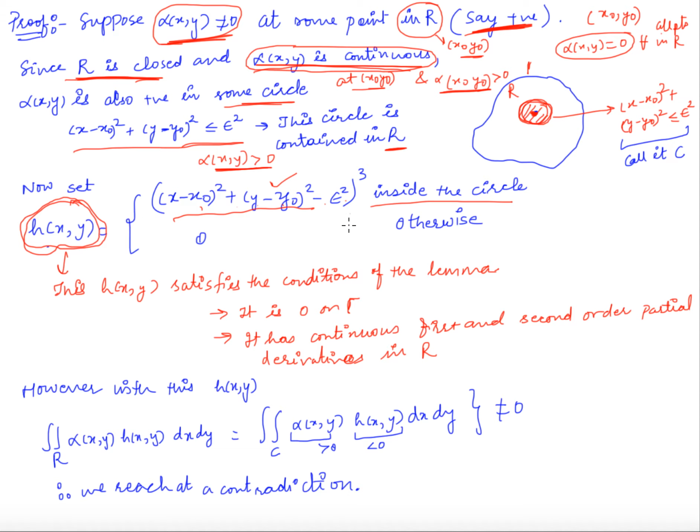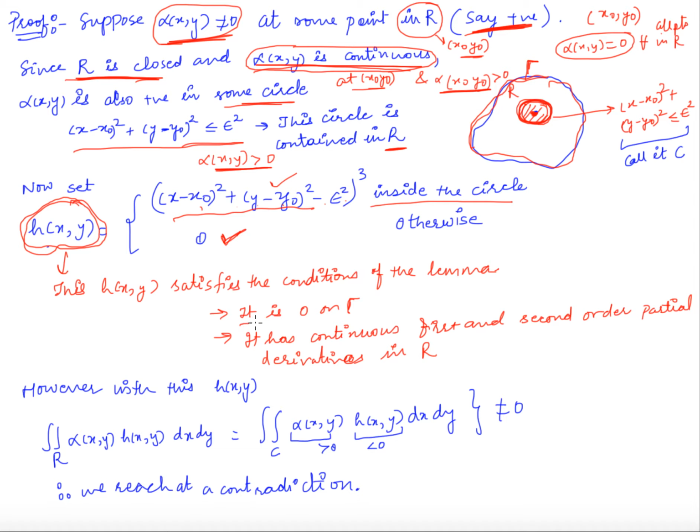Okay. You can check that this function is 0 on the boundary. This is the boundary. Okay. And this circle is completely inside R. So this boundary is away from this circle, and we have defined that our function h(x,y) is 0 outside the circle.